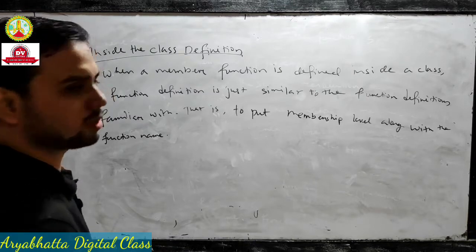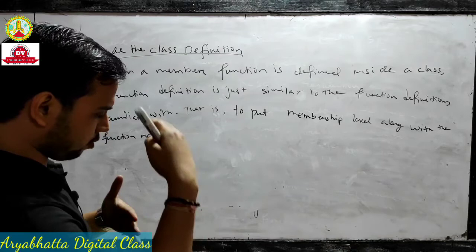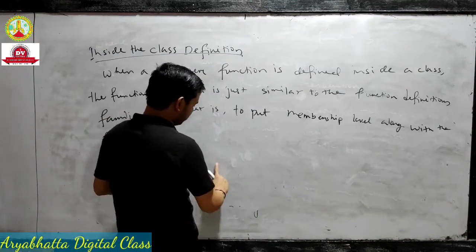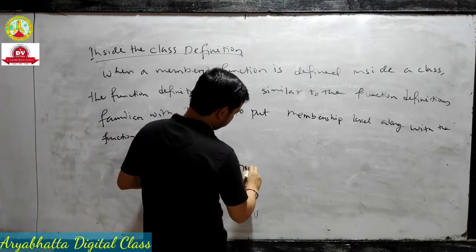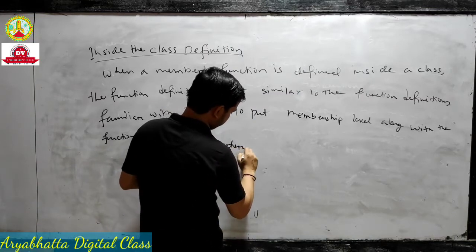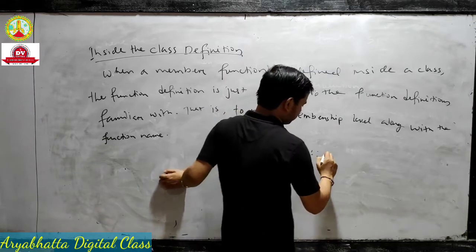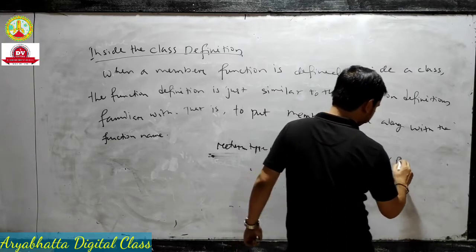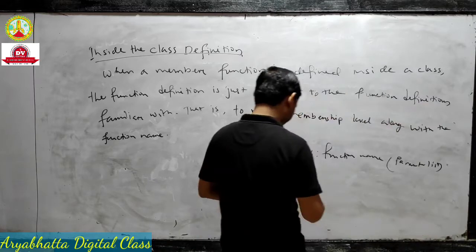definition. Similar means outside class definition, the form is similar. Okay. What is the form? Means return type, class name. We already discussed. Return type, class name like that.